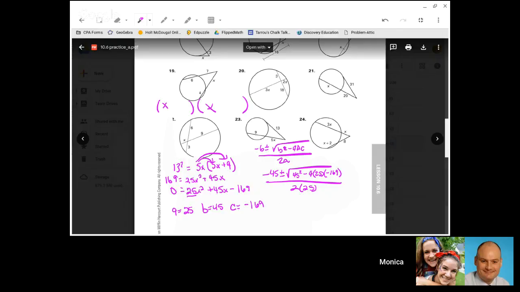It's the outside part times the whole thing. So the outside part here is x, and your whole thing, remember, is x plus 3x. And for the other secant, you've got the outside part, which is 8, times the whole thing, which is 8 plus x plus 2. Okay?